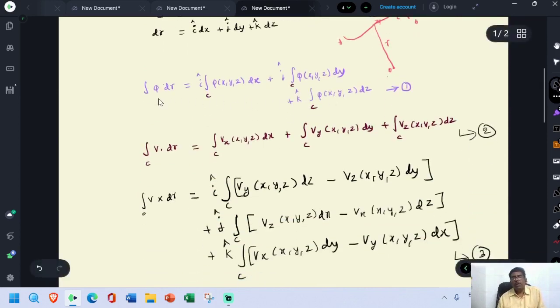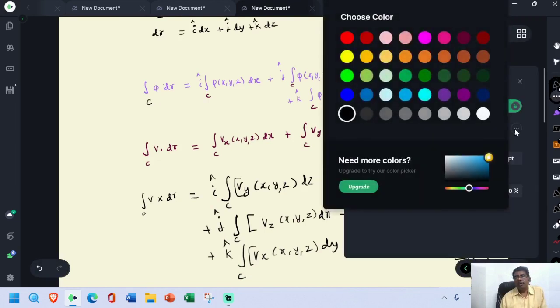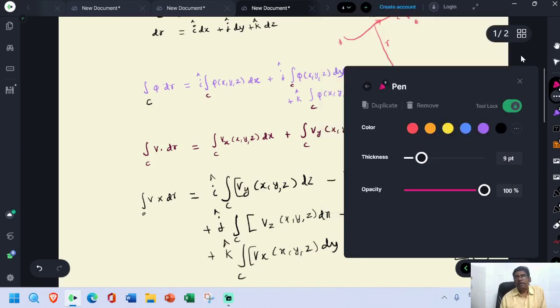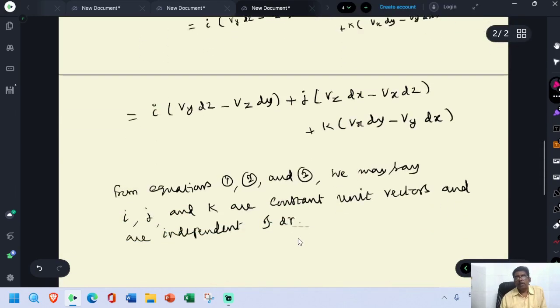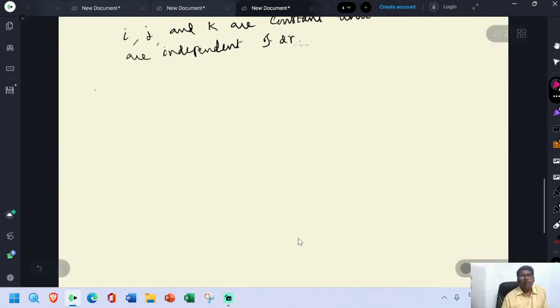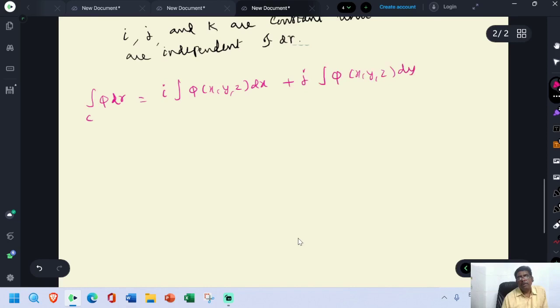If you put phi equal to 1 in equation 1, phi dr equal to i into phi of x, y, z dx plus j into phi of x, y, z dy plus k into phi of x, y, z dz.